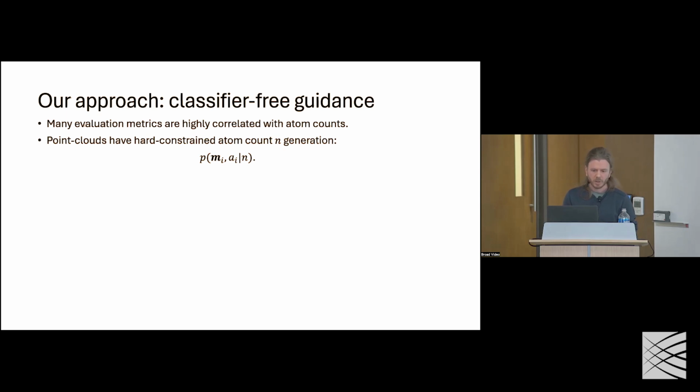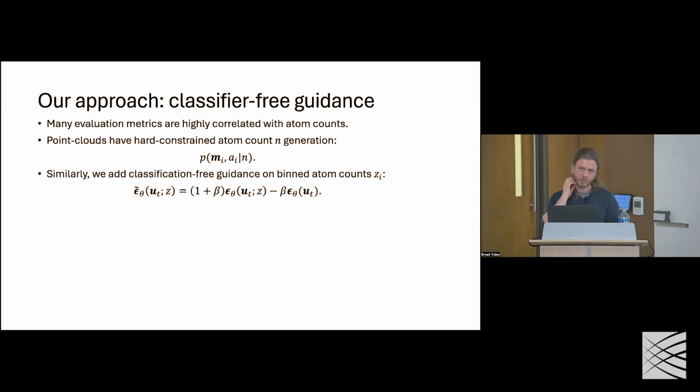And as we have seen, the point cloud methods are restricted to have a pre-specified number of atoms n, which they can move in space and denoise to some atom types. And to determine how important this conditioning is to various metrics, we also consider this classifier-free guidance on atom counts.